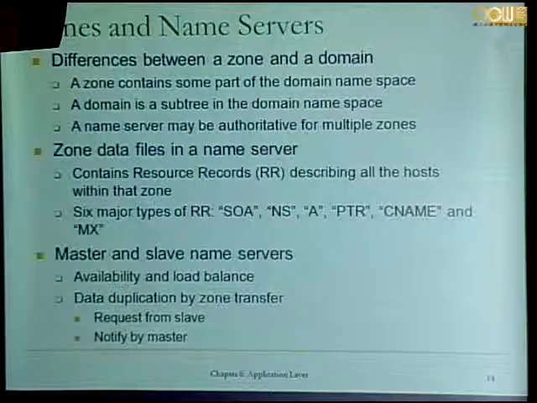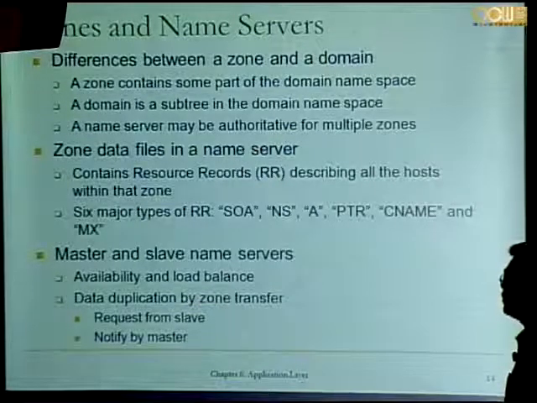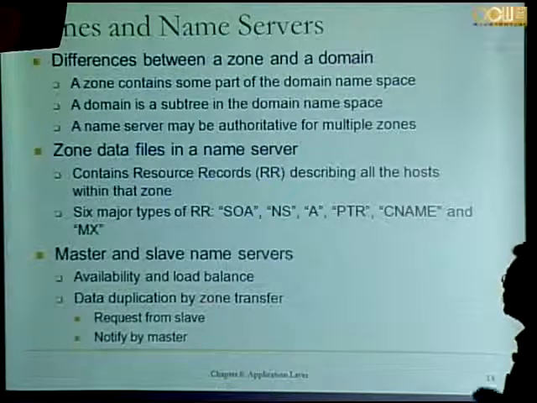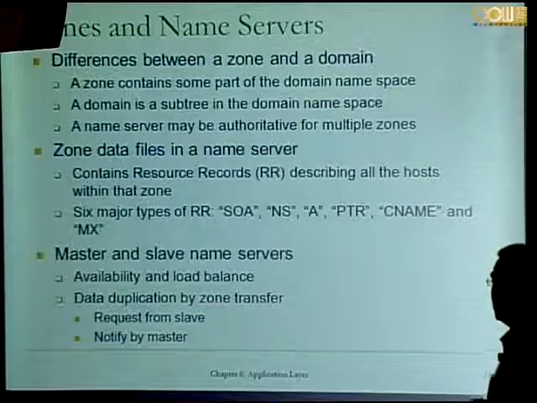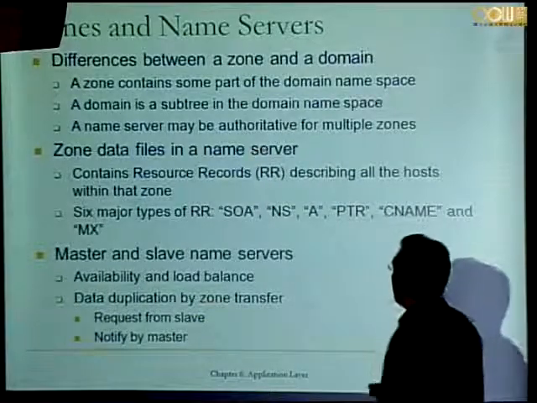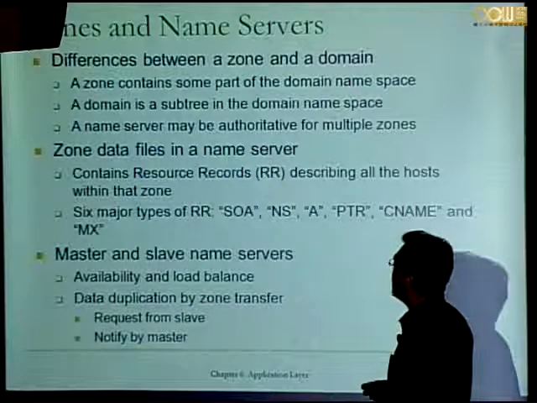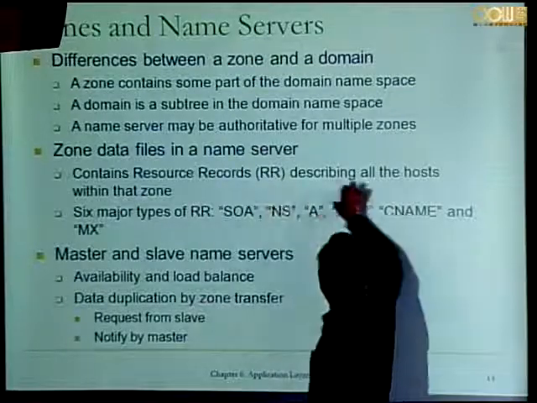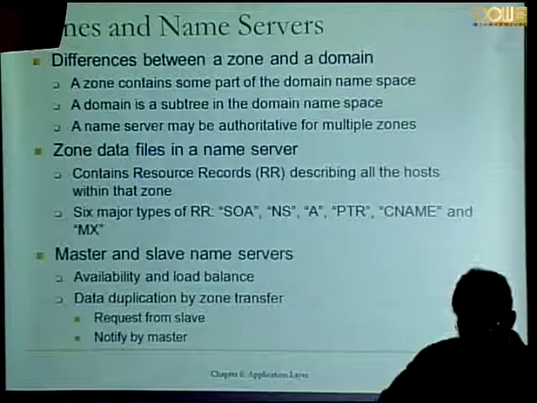So what you need to do is put the data file of one or multiple zones into a single domain name server. Within the zone data files, there are resource records which describe the hosts within that zone.